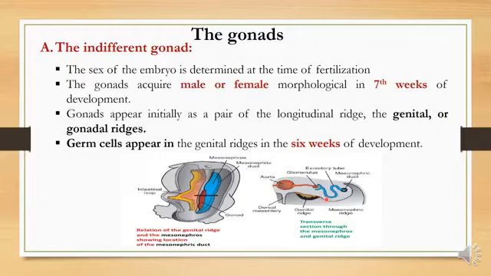The sex of the embryo is determined at the time of fertilization. Gonads acquire male or female morphological characteristics in the 7th week of development.